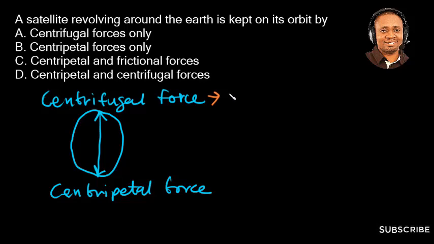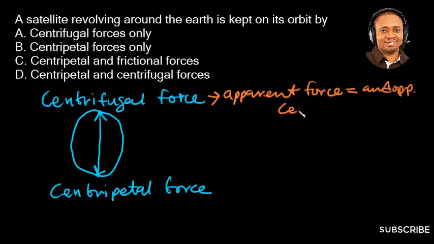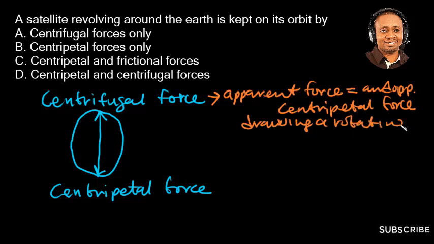This is defined as the apparent force that is equal and opposite to the centripetal force, drawing a rotating body away from the center of rotation caused by the inertia of the body.